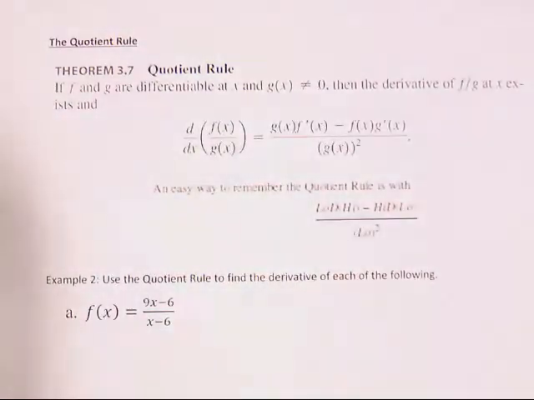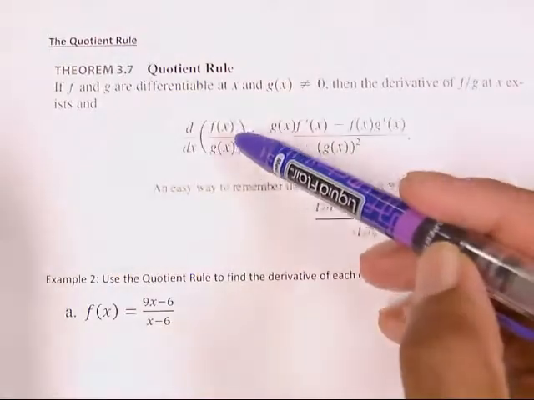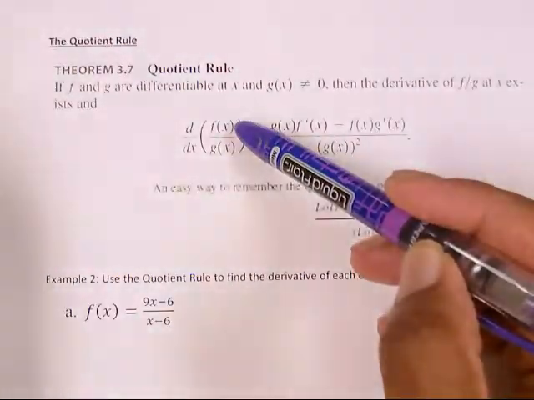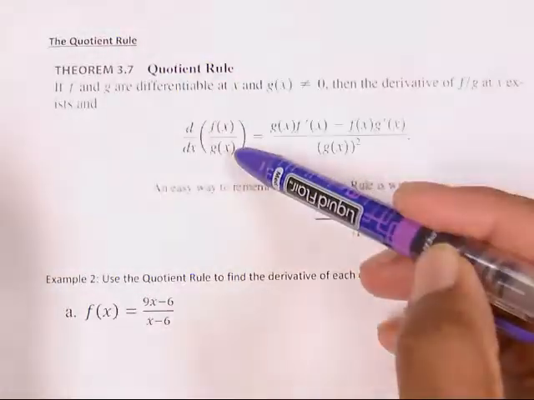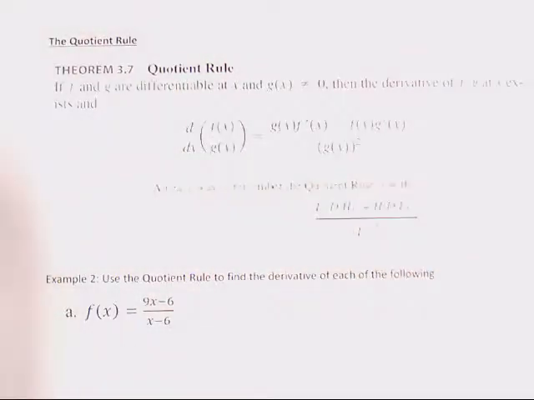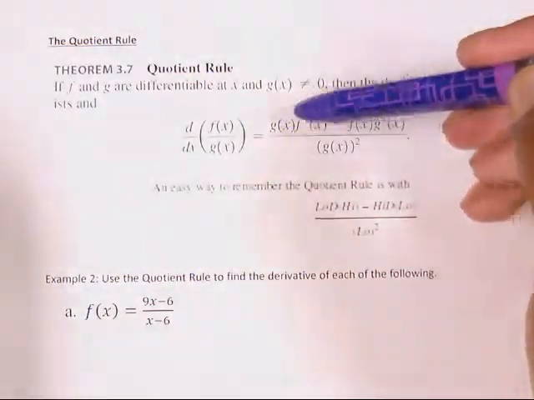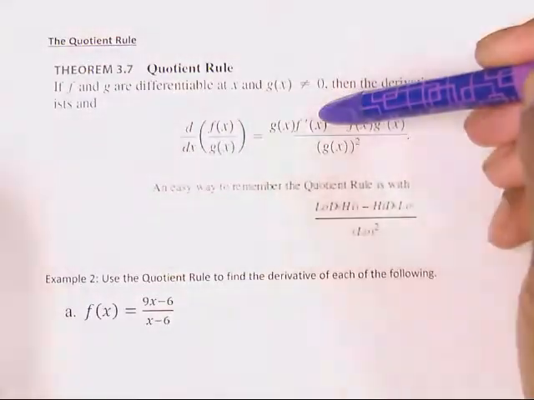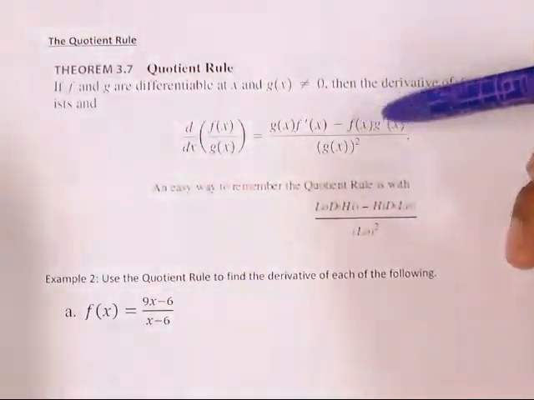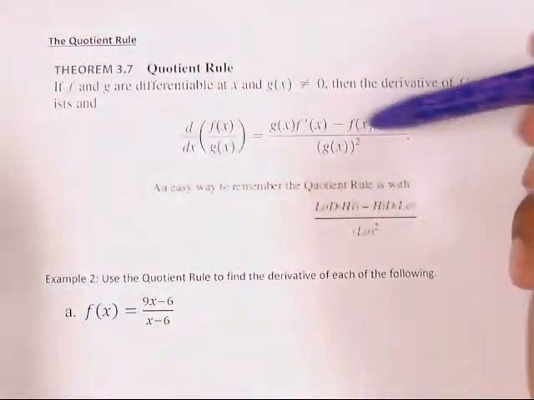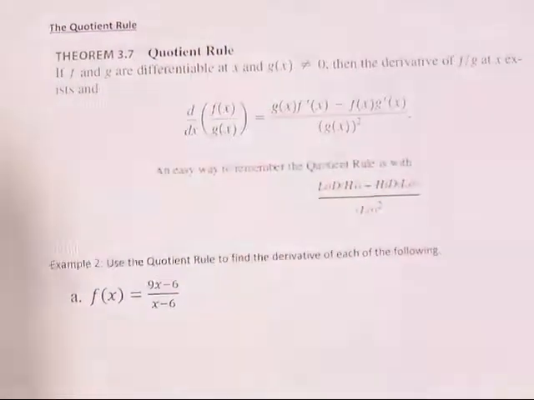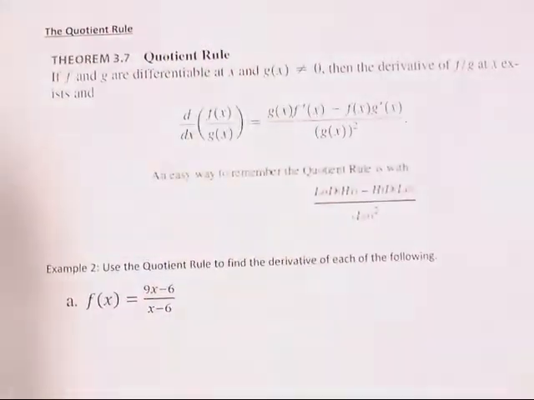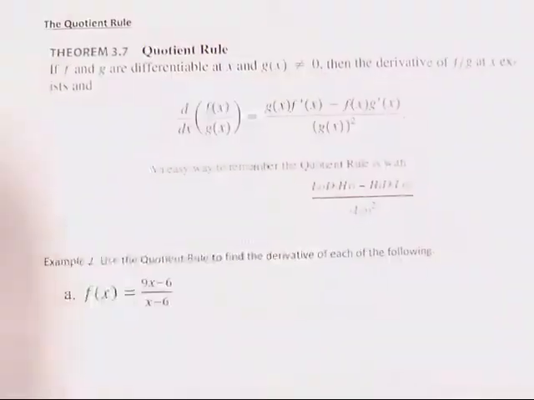Another way you can remember that would be this: I remember it as taking the denominator times the derivative of the numerator minus the numerator times the derivative of the denominator, and that's all over the denominator squared. Okay? All right, now let's apply that quotient rule to some examples like this one.